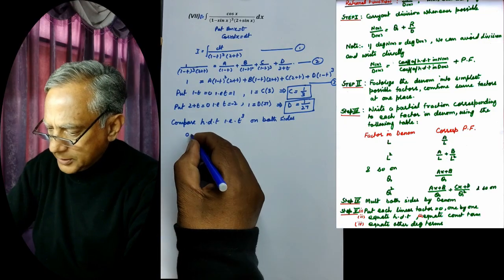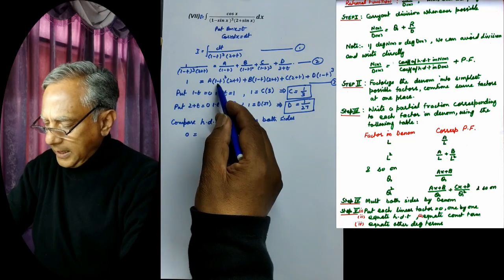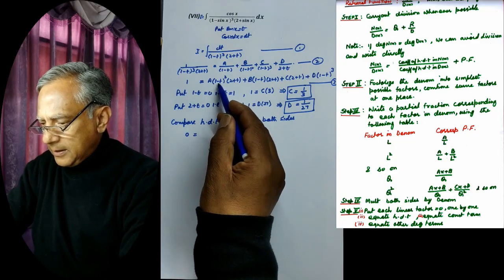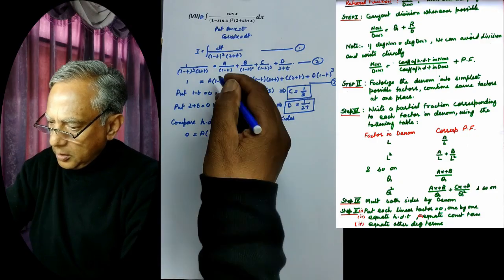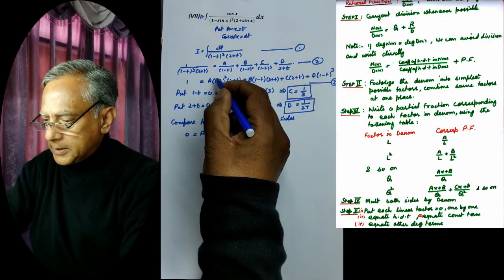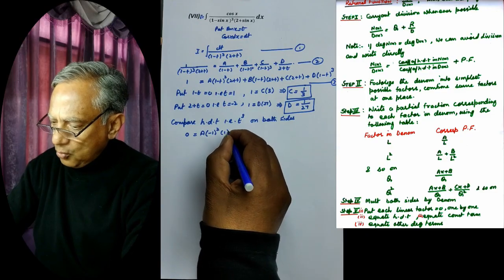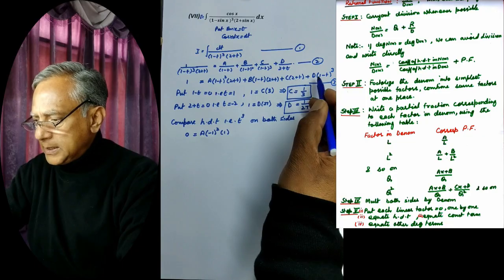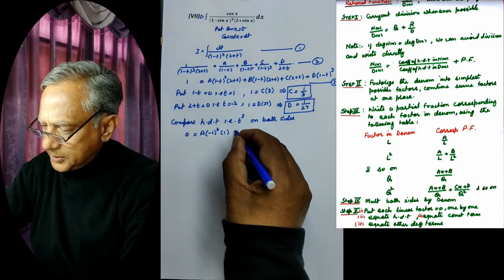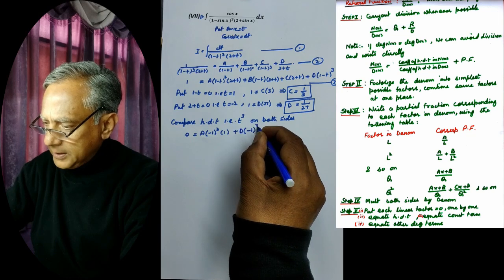So we will have coefficient of highest degree term here will be 0 and we will get coefficient of t cube in this term. So it will be a into coefficient of highest degree term in this bracket is minus 1 square into 1. We will not get t cube from this. From here we will get plus d into minus 1 to the power of 3.